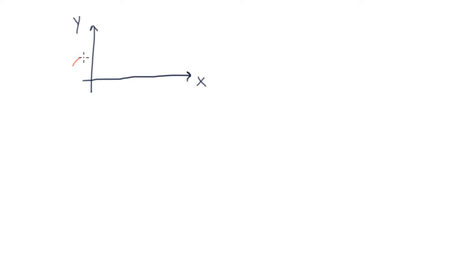And here's our function. And let's say we're interested at some point x is equal to a. So looking at this graph, let's say this is the graph of f of x, we know that the limit as x approaches a of f of x does not exist.